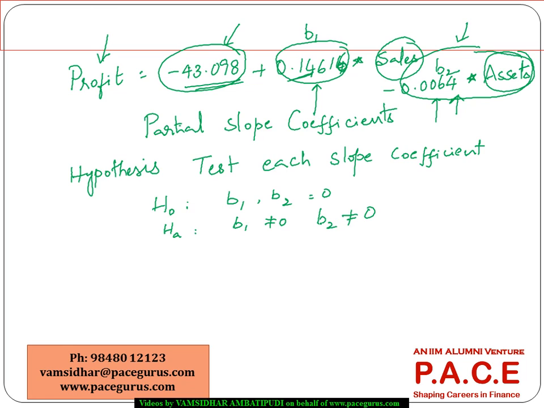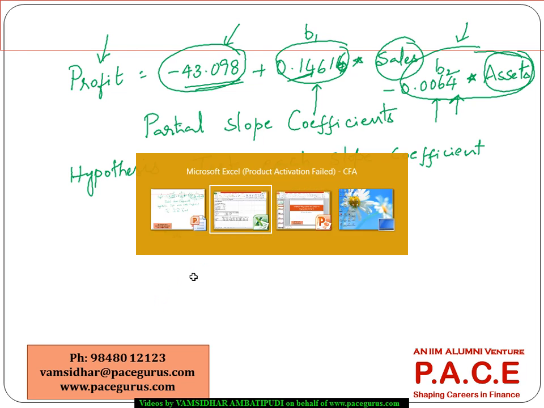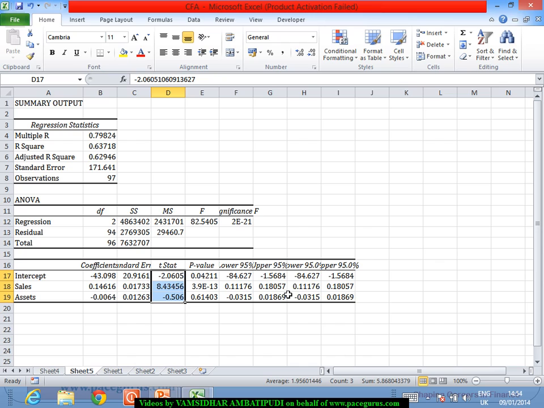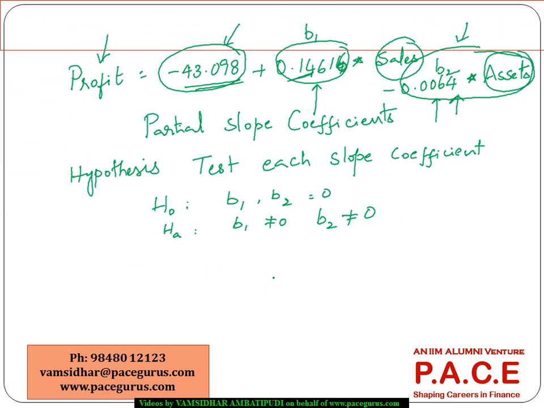So each of the coefficients is not equal to 0, which means it is significantly different from 0. The way we are going to work this out again is I compute the t statistic value for each one of them. The t statistic is computed as the coefficient minus the hypothesized value, because here we are looking at hypothesized values of 0 only, divided by the standard error.